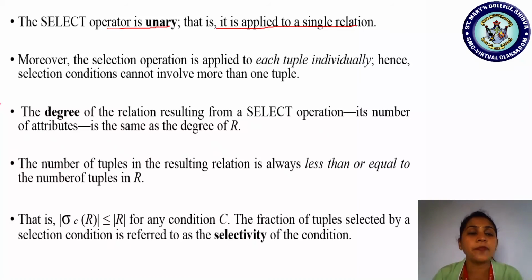That is the meaning. The degree of the relation resulting from a select operation, its number of attributes, is the same as the degree of R. I think you remember this. What is the degree of a relation? The degree of the relation is nothing but the number of attributes, right? So the degree of the relation resulting from which operator? Select operator.